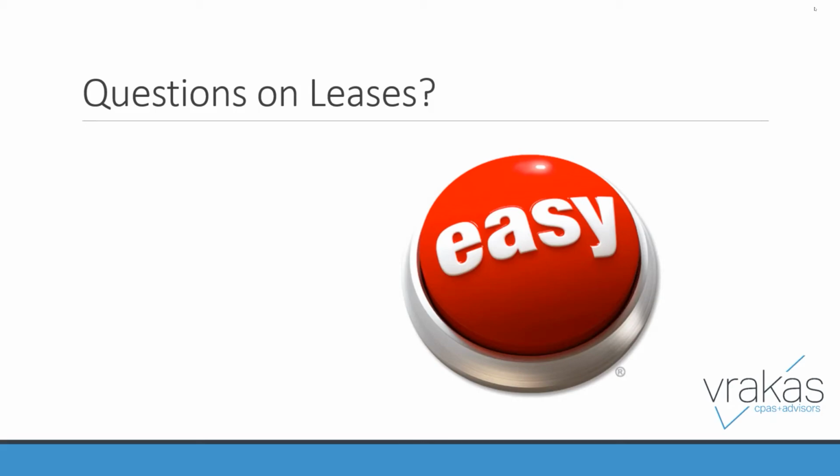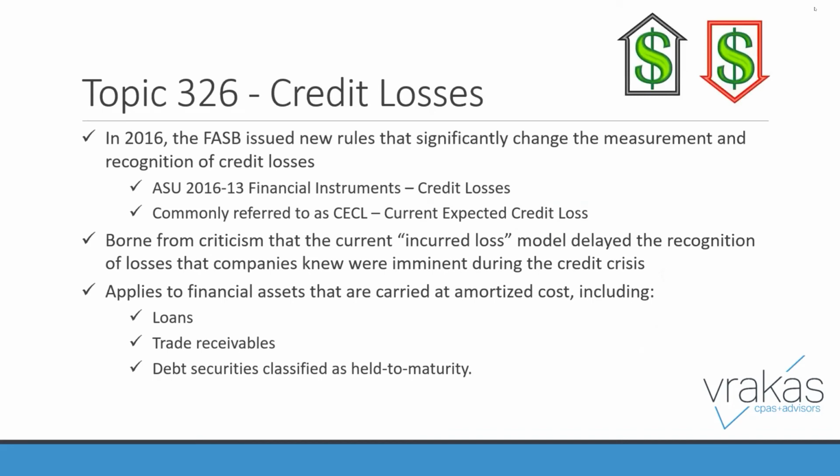Okay, we're going to go quickly over 2 other accounting standards that, once you get over lease accounting, you get to face. So the first one is credit losses. And I think when this standard first came out, it was issued in 2016, a lot of us, including myself, thought it mainly pertained to banks or finance companies, people who had loans, things like that.